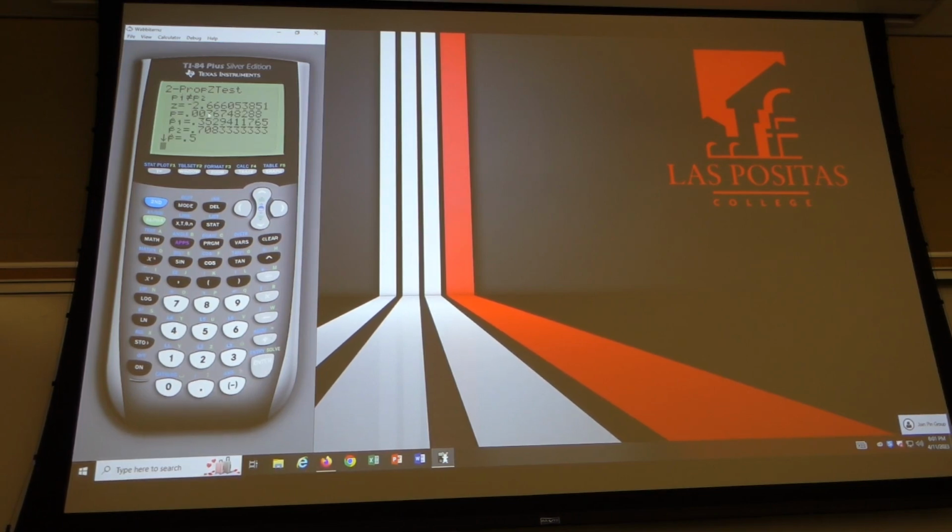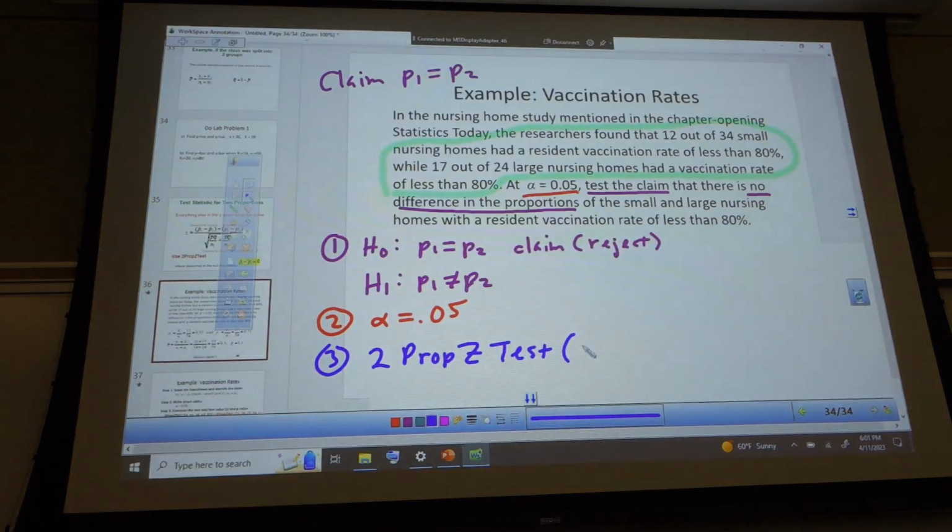Bam. There's my Z-score, negative 2.67, and my p-value is 0.00767. So I'm going to write those in. First I'm going to put in what I put in here. I did 12 out of 34, 17 out of 24, and not equal to.